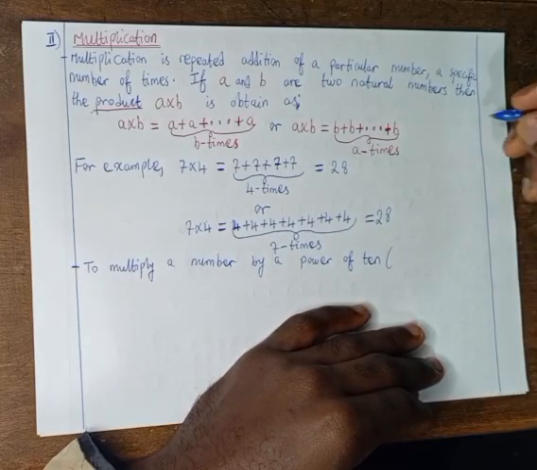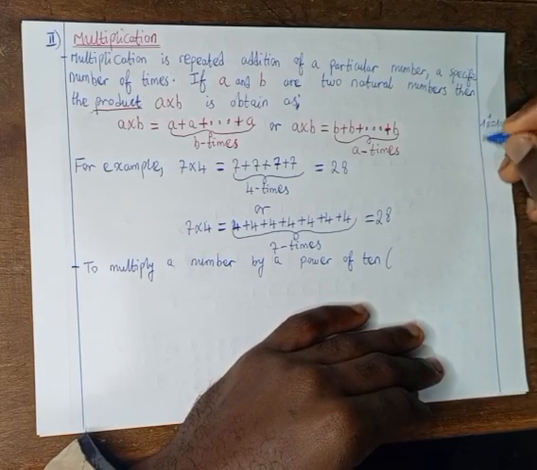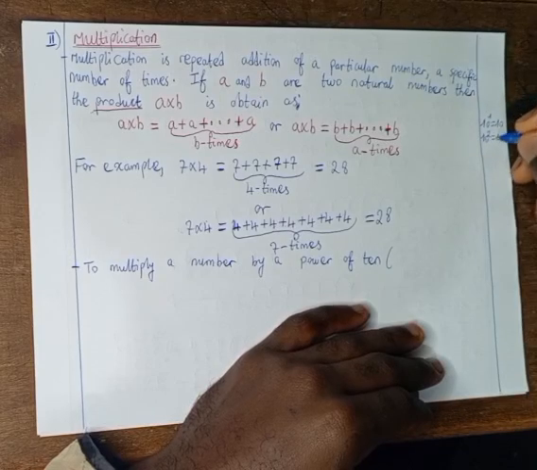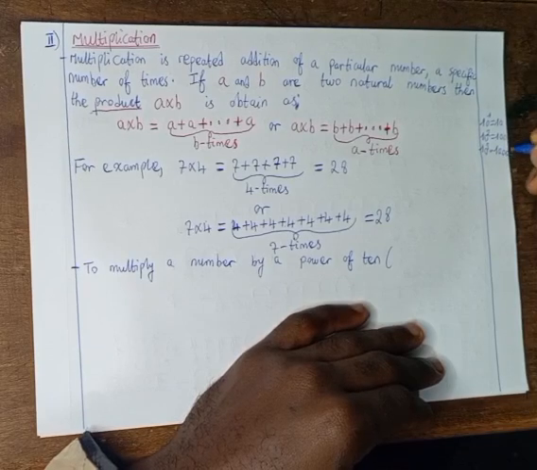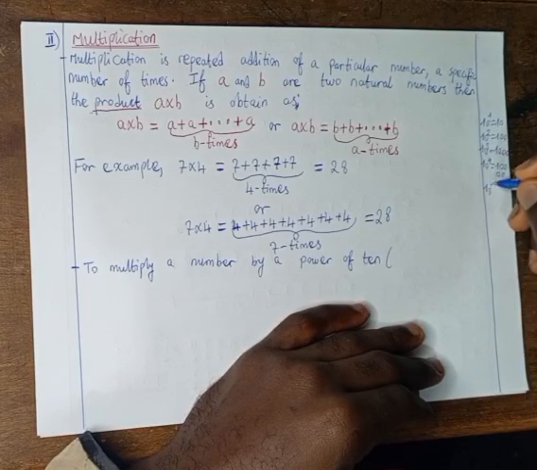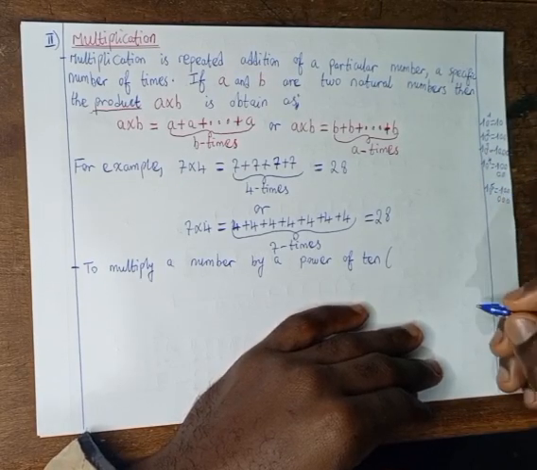By powers of 10, we are simply referring to numbers like 10 to the power 1, which is 10, 10 to the power 2, which is 1 with 2 zeros, 10 to the power 3, 1 with 3 zeros, 10 to the power 4, which is 1 with 4 zeros, 10 to the power 5, which is 1 with 5 zeros, and so on.